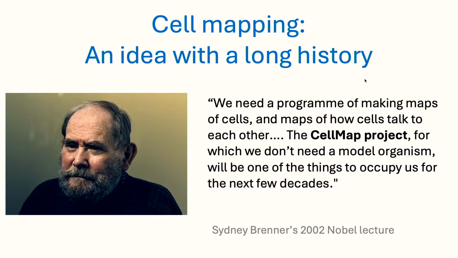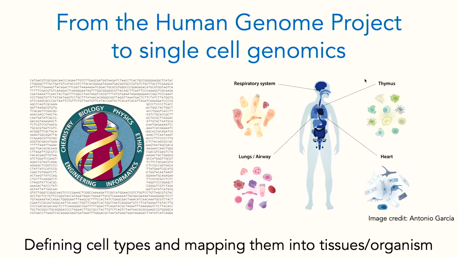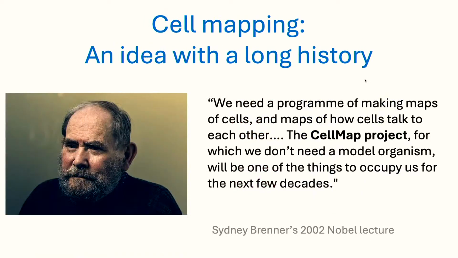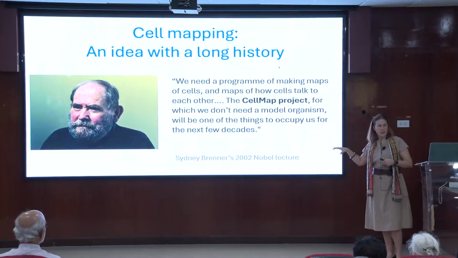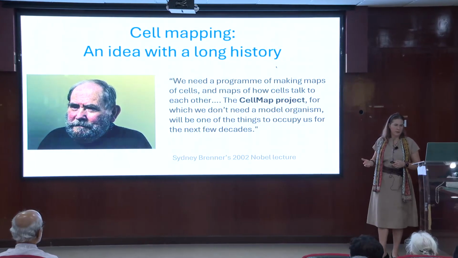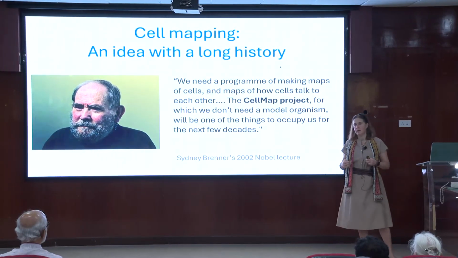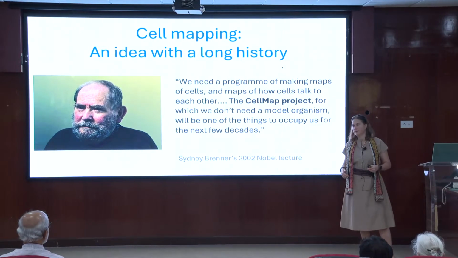And of course, around this time, 2002, we had the first draft of the human genome publicly released. And that DNA sequence of the human genome is exactly the same in every single cell in our body.